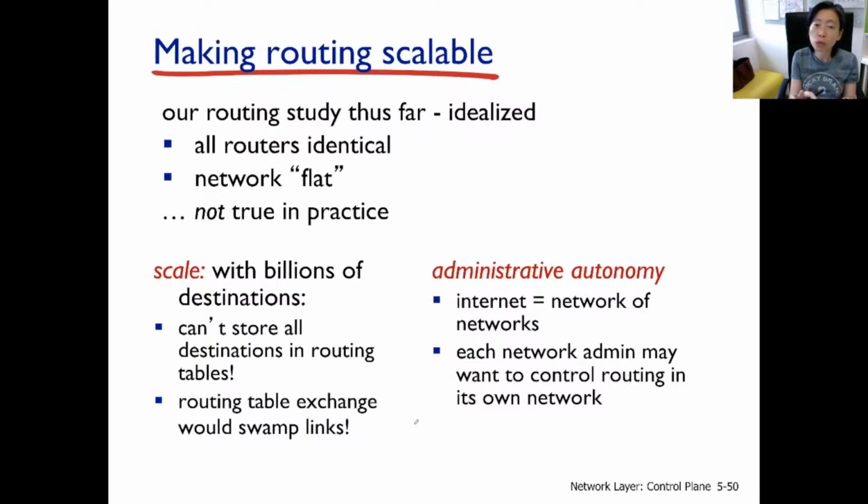So what we really do on the internet is this. We group the routers that are nearby and belonging to one organization together as a system, as a local area network. Other routers nearby belonging to another organization form another system. Now each of these systems can work independently. The network admin hired by the organization could decide independently, autonomously, what routing algorithm they would like.